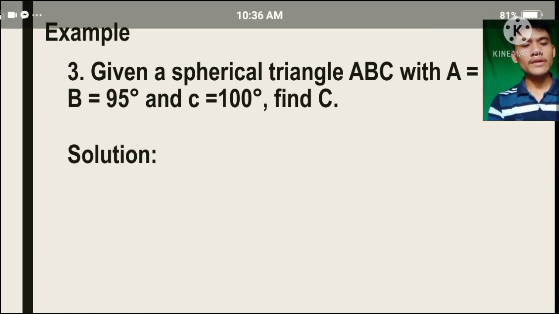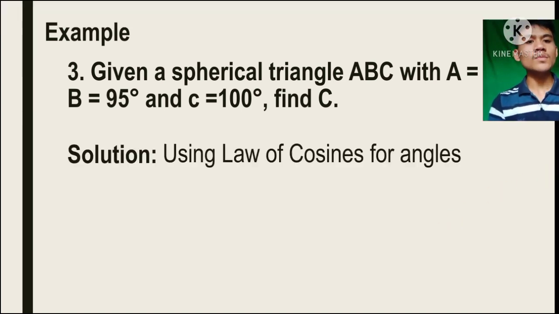So we have this solution using the law of cosines for angles, of course, and then just find the appropriate formula for us to find the value of our angle C.